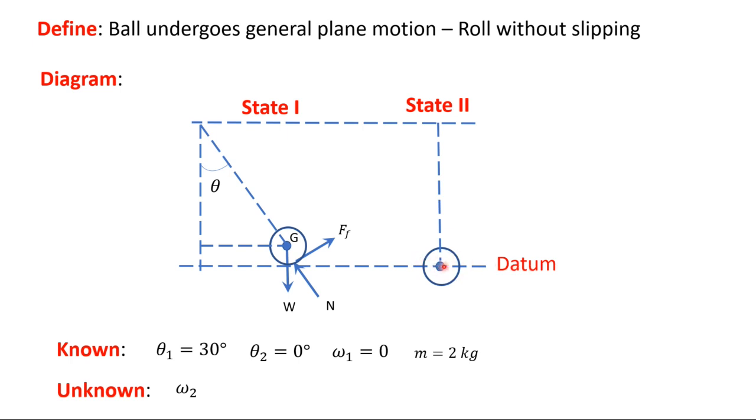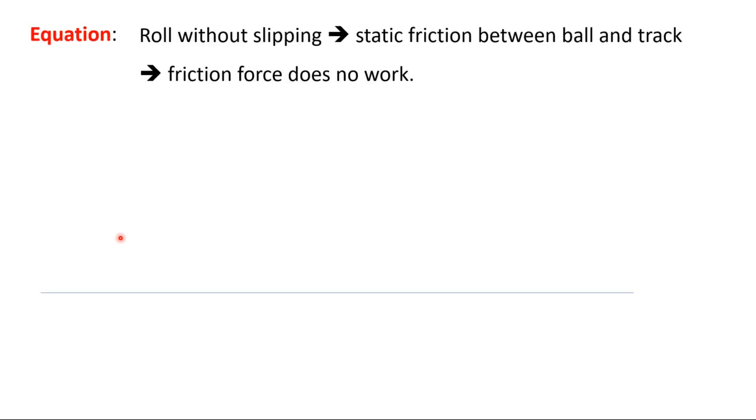The datum point is where the height is equal to 0. We know that theta 1 is 30 degrees, theta 2 is 0, omega 1 is 0, and the mass is 2 kilograms. The unknown is omega 2. We are rolling without slipping, and this causes static friction between the ball and the track, and the friction force does not work.